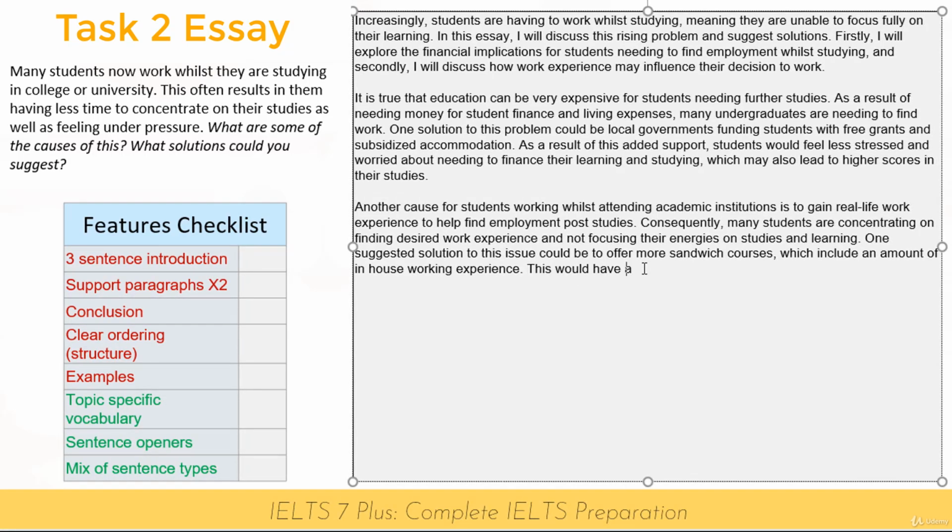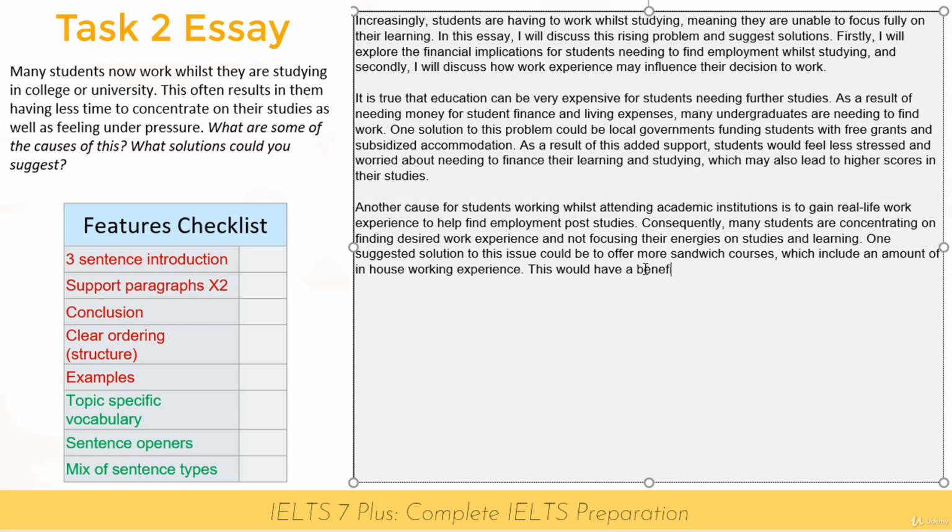So let's begin with, this would have a beneficial impact on student attainment. So that is a great piece of topic-specific vocabulary for education. Attainment means how well you score in your learning.